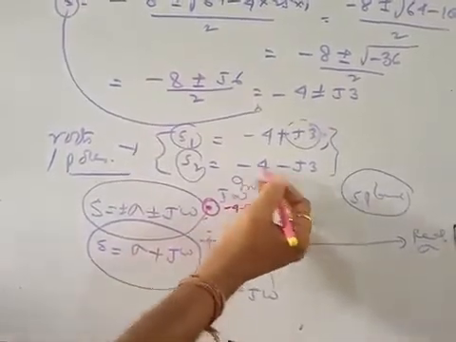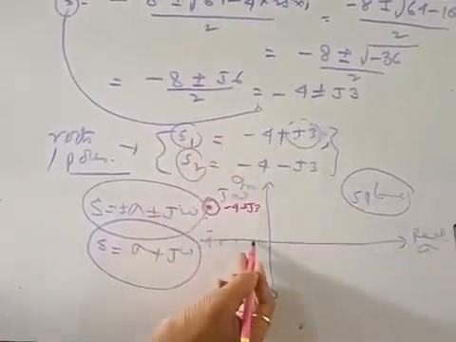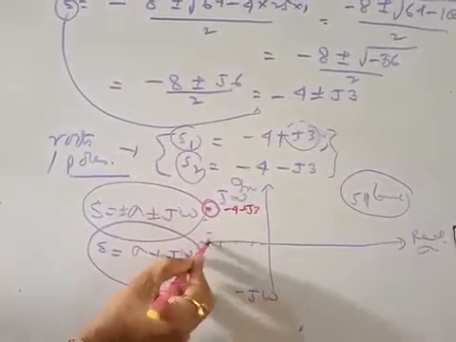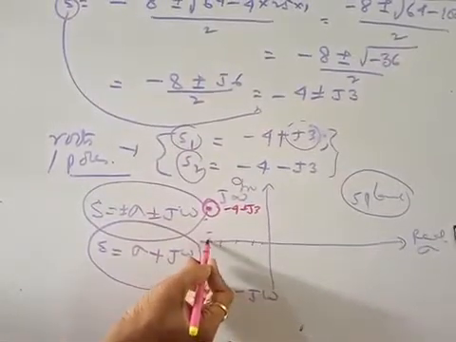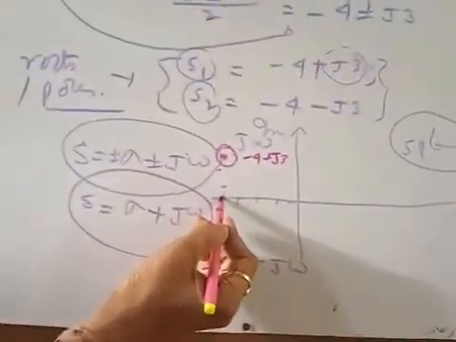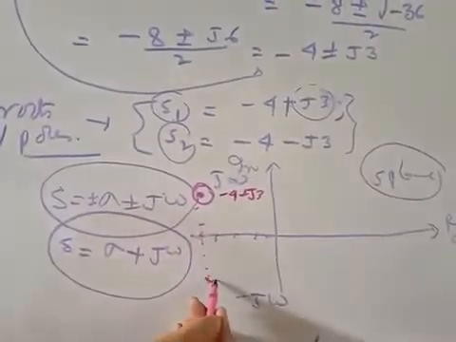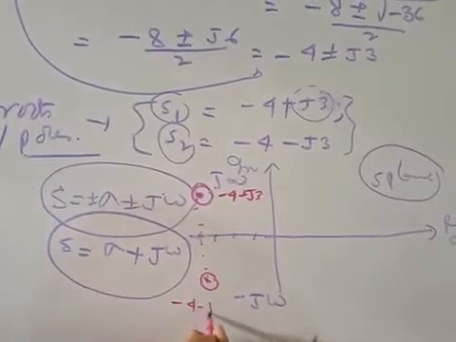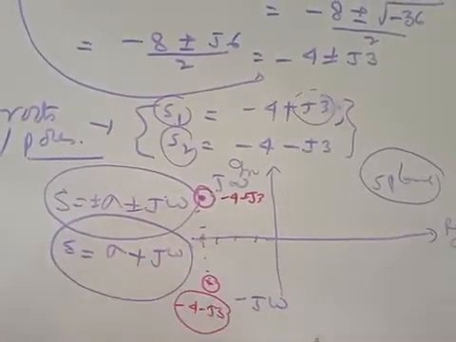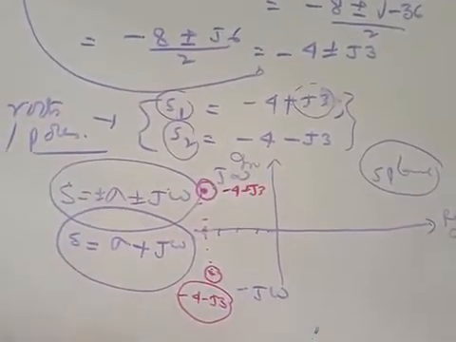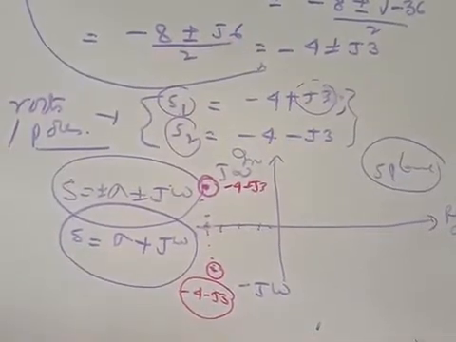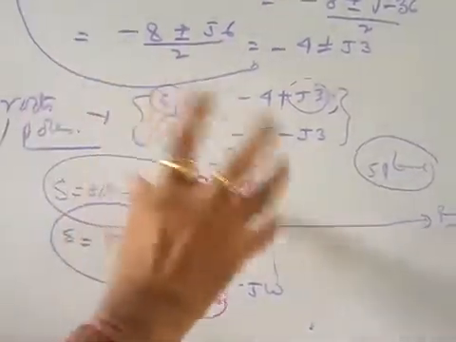Similarly, you get minus 4 minus j3. So minus 1, minus 2, minus 3, minus 4, you go in this direction along the real axis by an amount of 4, then you move 1 2 3. So this will be your minus 4 minus j3. That means once you get the roots or poles of the system, you can have an idea where these poles are located.